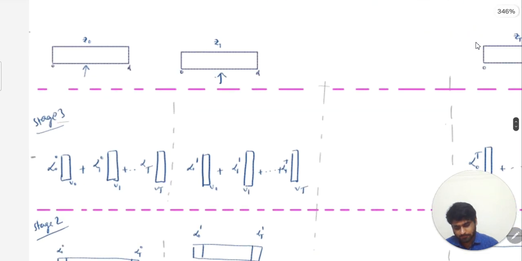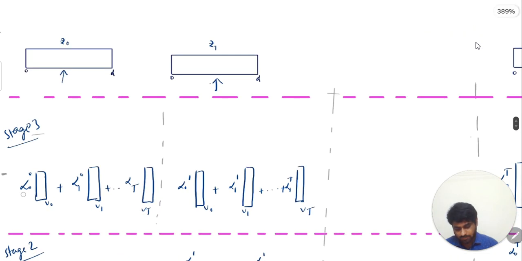If you see here, alpha 0 is getting multiplied with the 0th element of v0, and alpha 1 is getting multiplied with the 0th position of v1, and all these values are getting summed to produce the 0th value of the output z0.